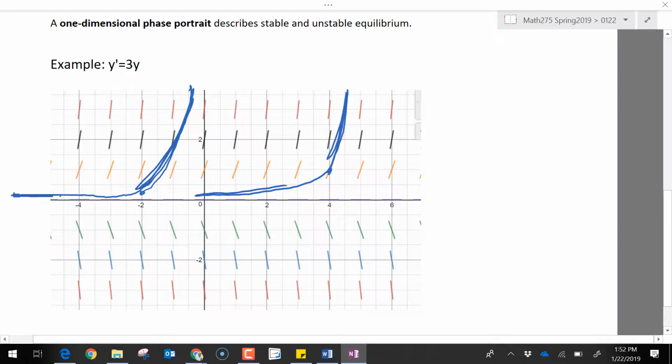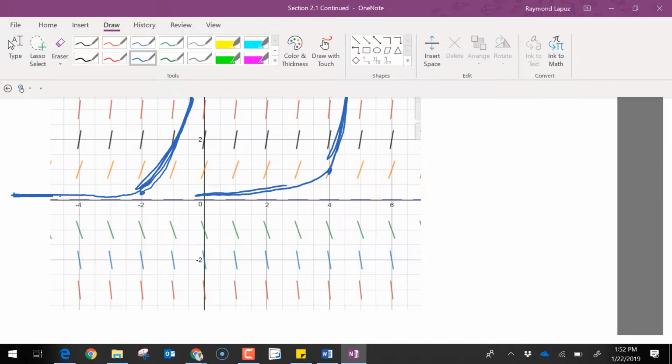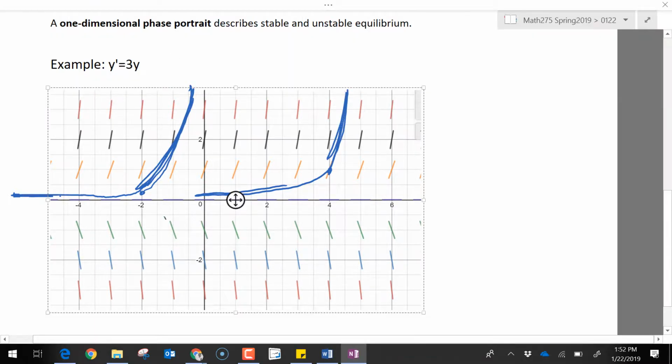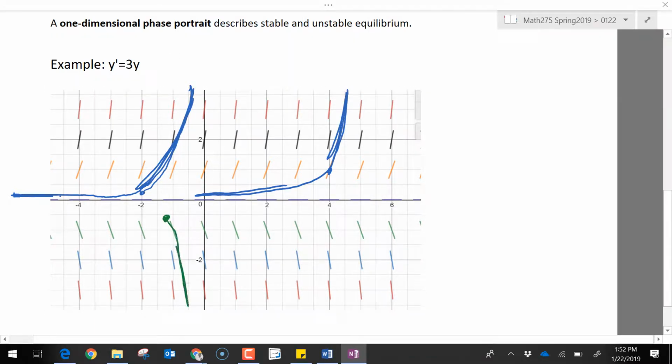And then if you're on the bottom side, your graph is going to look like that. Or if you're over here somewhere, okay?